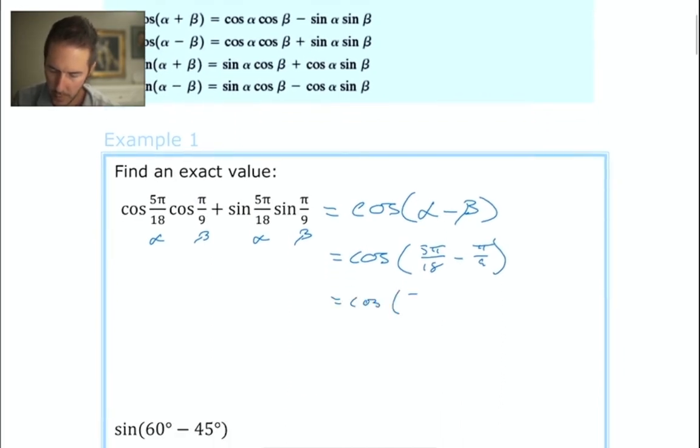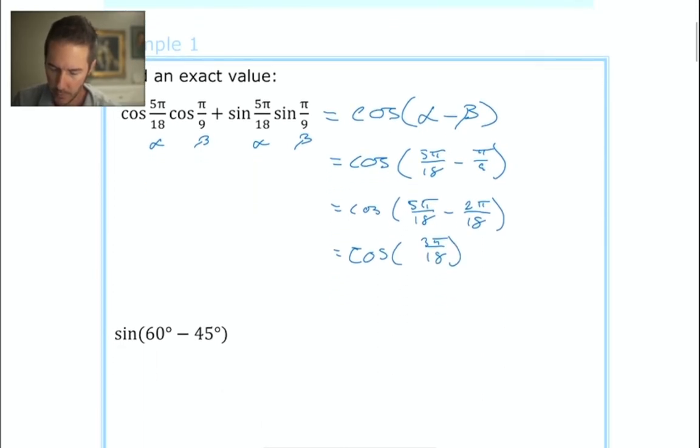This is the cosine of 5 pi over 18 minus 2 pi over 18, resulting in an almost final answer of the cosine of 3 pi over 18. I say almost final answer because we can reduce 3 pi over 18 and write this as the cosine of pi over 6.